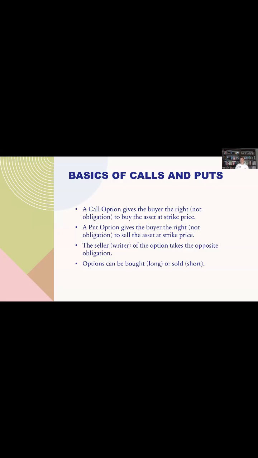Now, the key thing when you take the other side of a call and sell the option is that if that security just, for whatever reason, takes off, then there's going to be a big loss to you, especially if you don't have that security on hand.